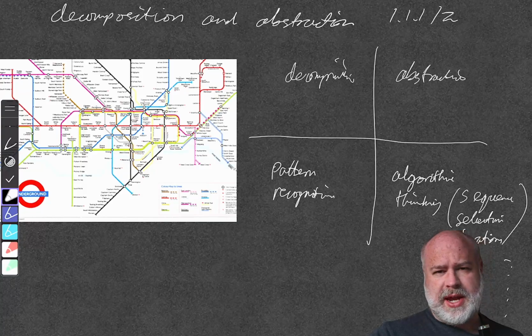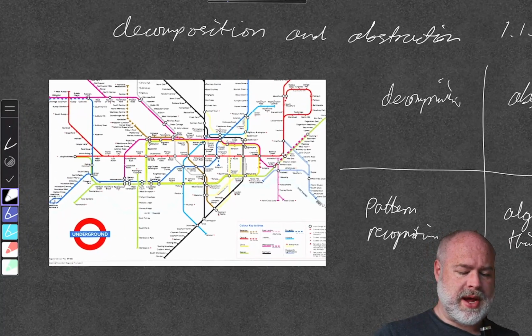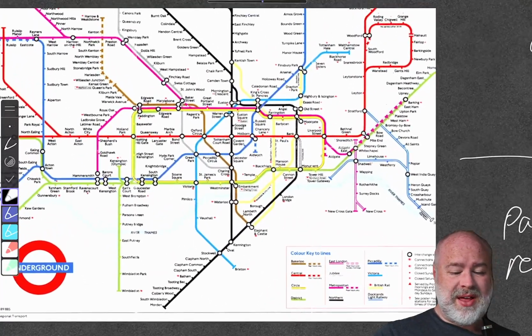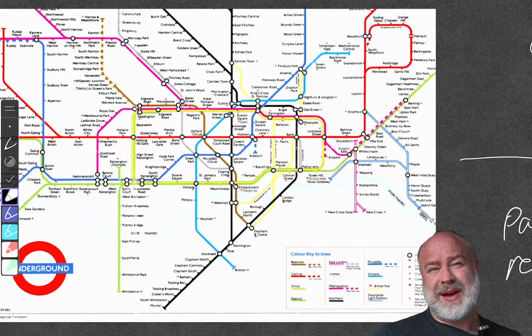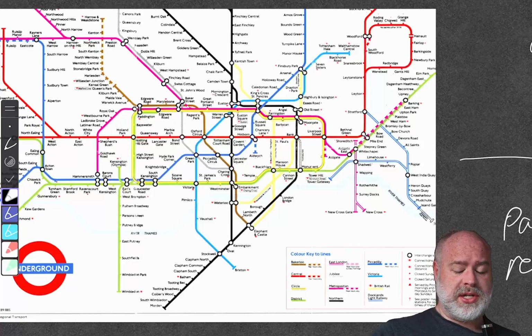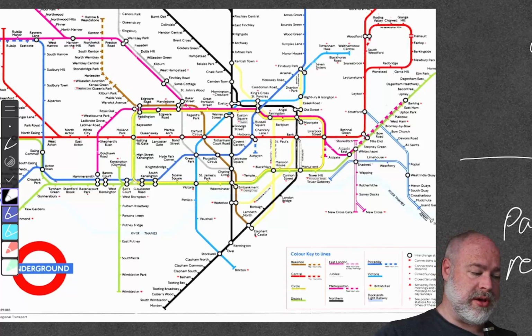I'm just using that analogy because we've got an underground map, and the map itself is a really good example of abstraction, which is another key term here, which is removing any unnecessary detail and just focusing on the most important parts, which makes problems easier to solve.